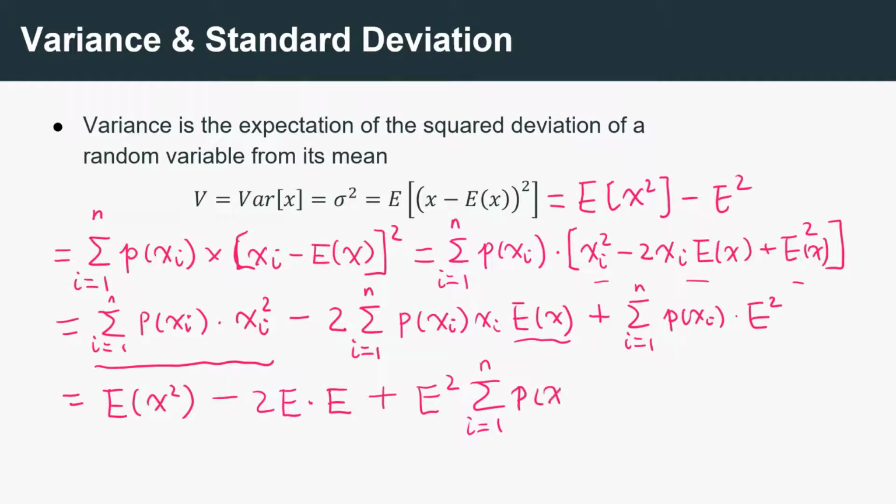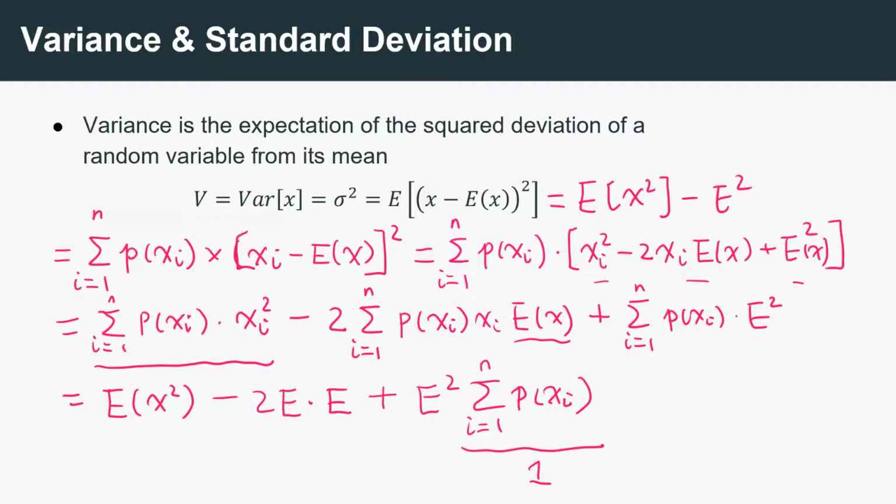So then we are left with this expression here, and by the property of probability, we know that for all of the outcomes from i equal to 1 until n, the summation of the probability is equal to 1.